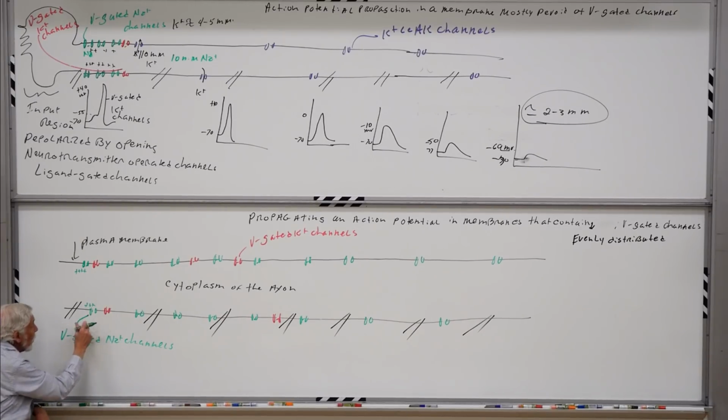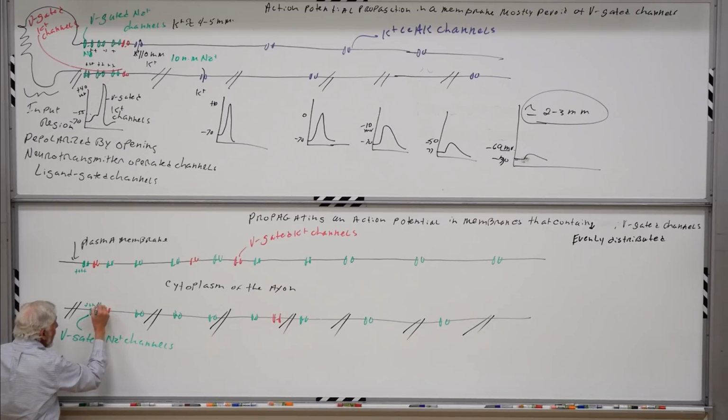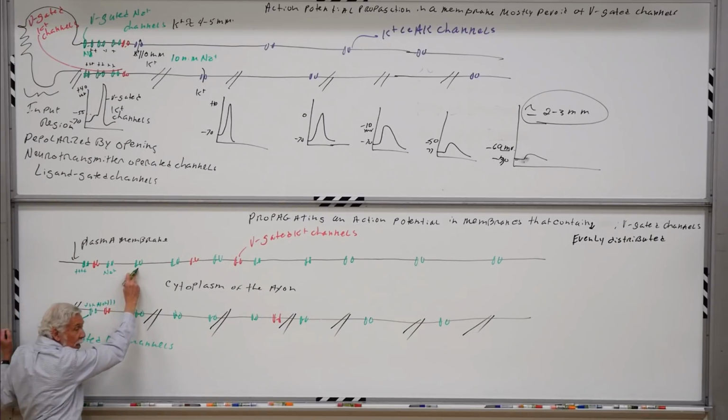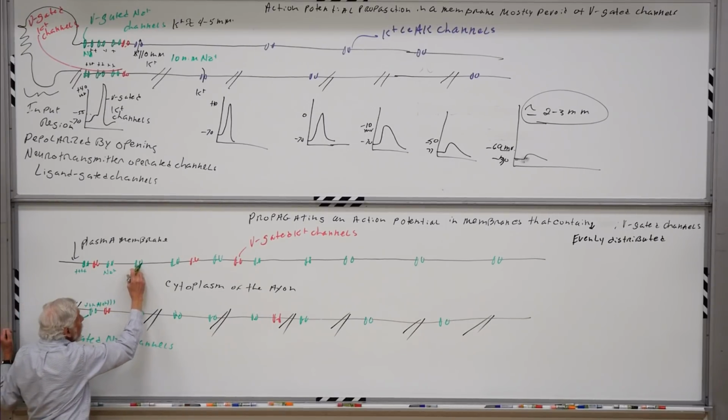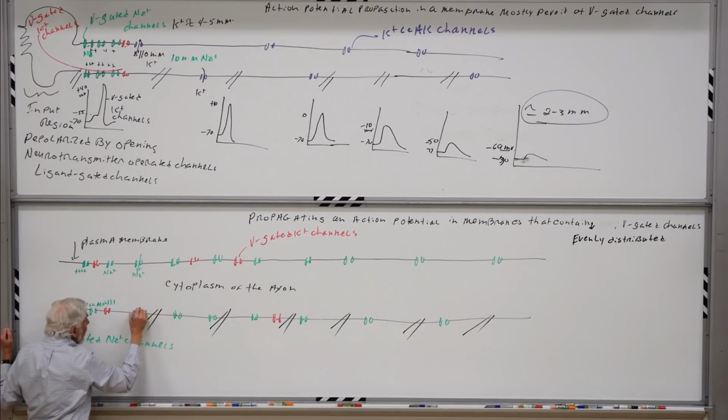When those channels open, more sodium comes in. So all these channels now are emitting sodium. Now remember, the sodium now has an electromagnetic field. The charge in the electromagnetic field can affect this next channel, cause it to open, and sodium comes in. And sodium comes in here.